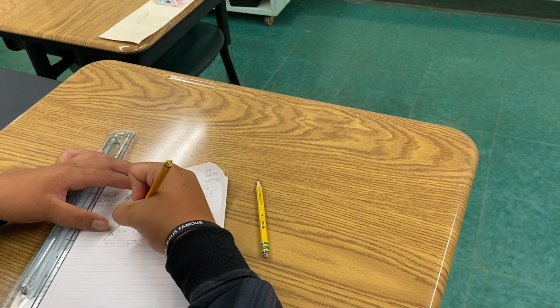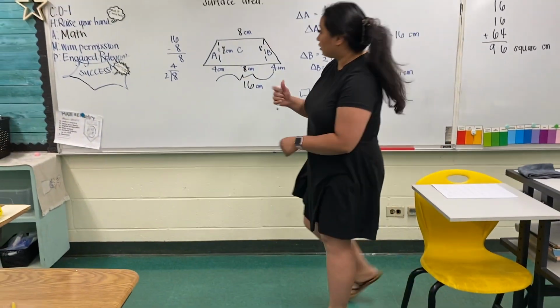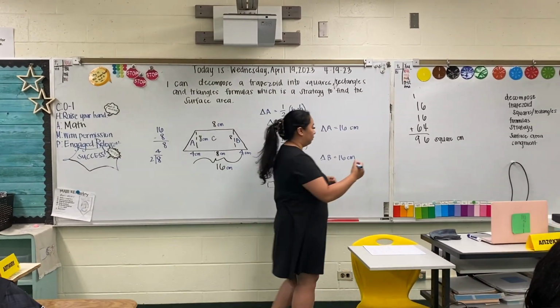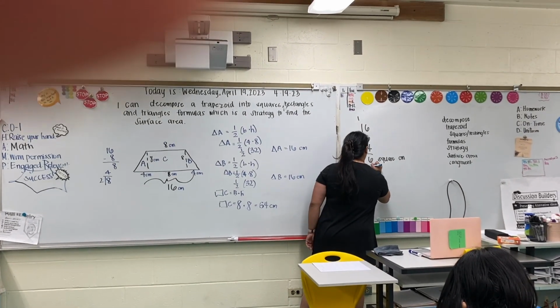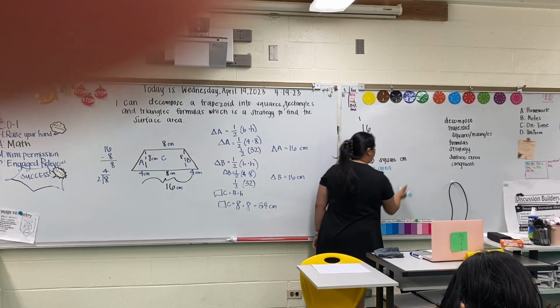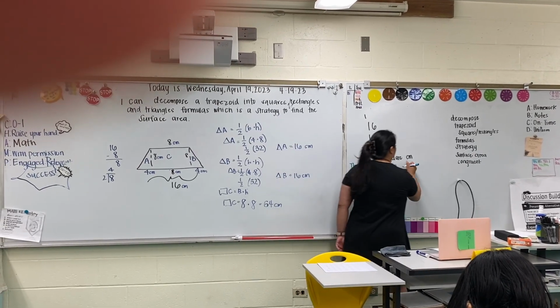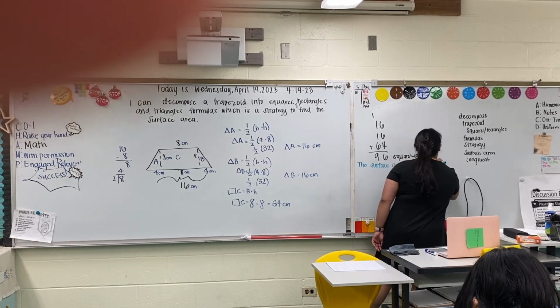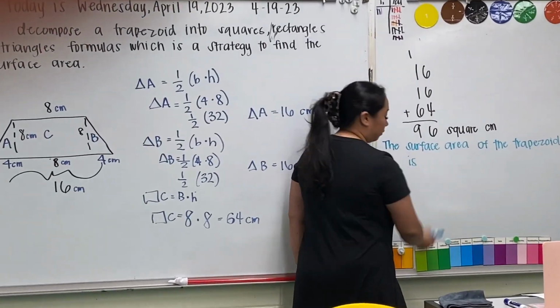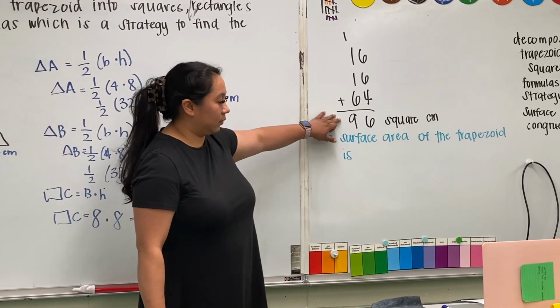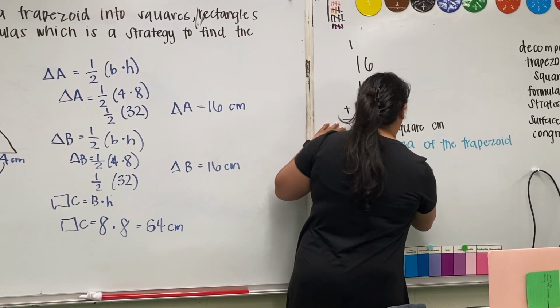The surface area of the trapezoid is, what did we get? 96 square centimeters. Good.